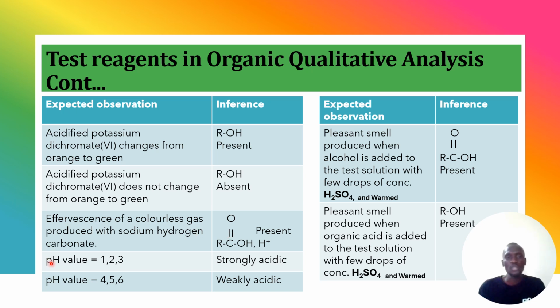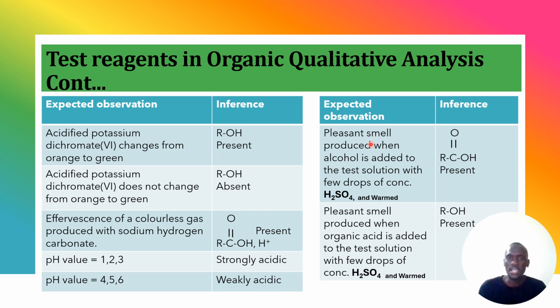If the student is given universal indicator and a pH chart and observes the pH values indicated here, then the student infers strongly acidic. If the pH value is within this range, then the student infers weakly acidic. And the student should not write the range. It is either 1 or 2 or 3, but not 1, 2, 3. So that is not applicable.